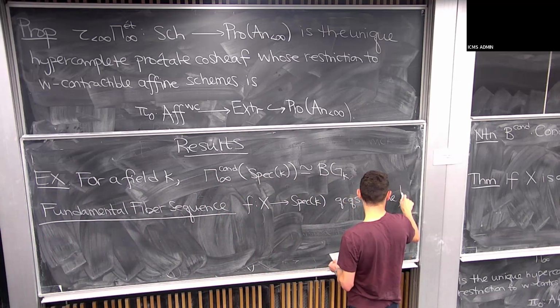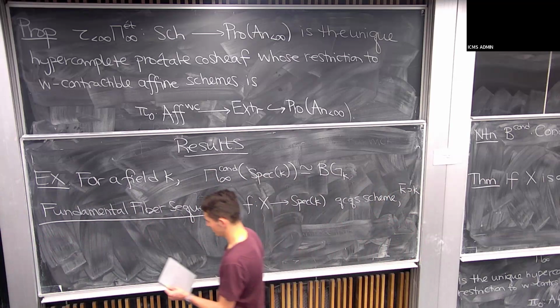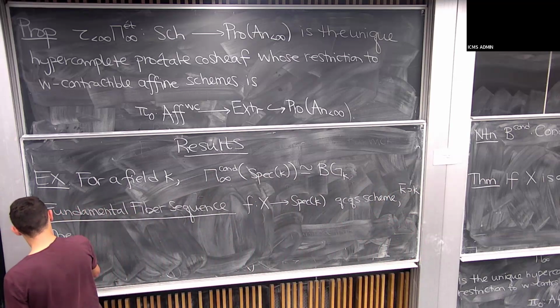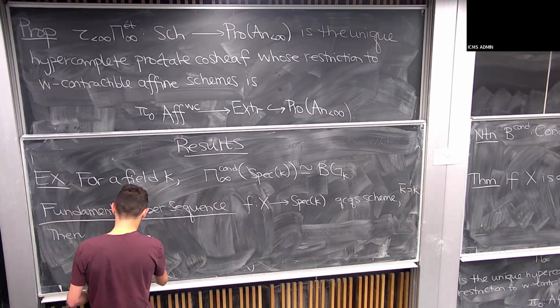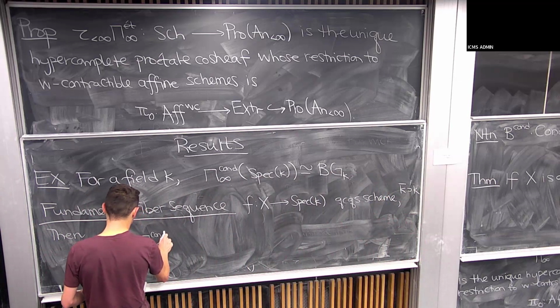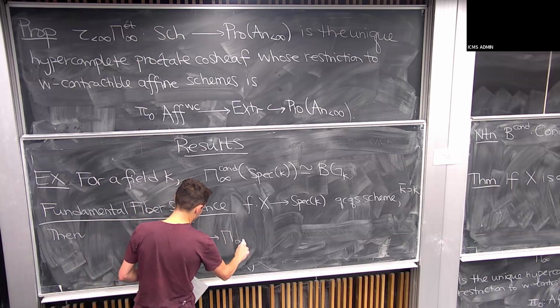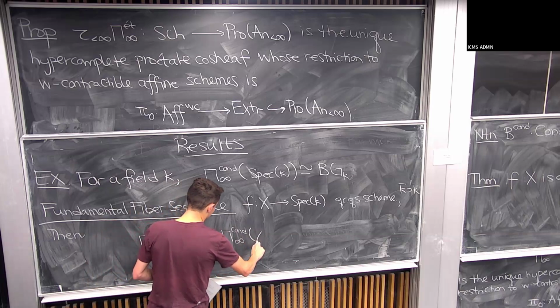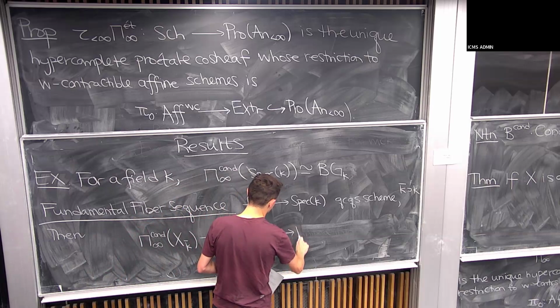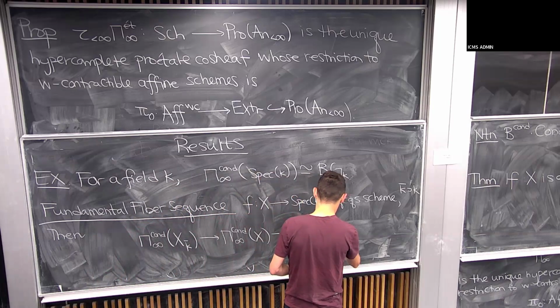And you choose a separable closure, k bar of k, then there's a naturally null sequence, which is you take pi cond of the geometric fiber that goes to pi cond of X, and then that goes to this BGK. This is a fiber sequence.